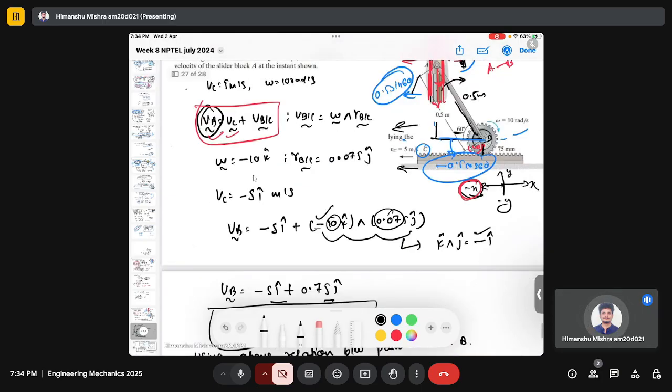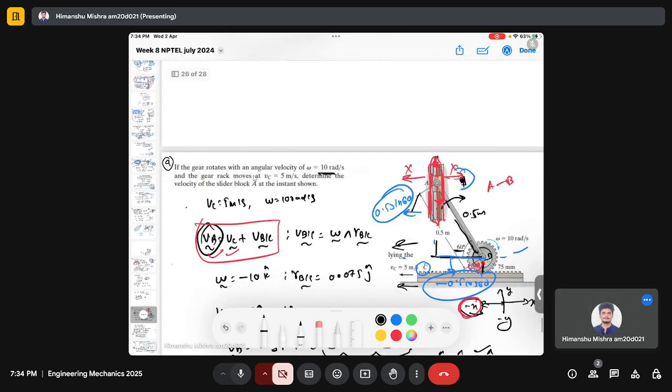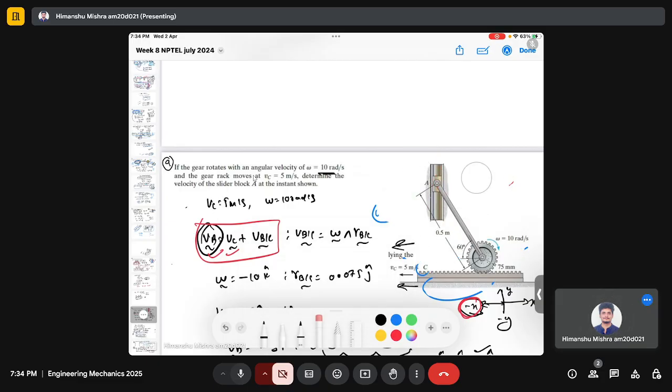So just to recap here, we were given a problem where a gear rotates with an angular velocity of 10 rad per second and a gear rack moves at 5 meter per second, and we need to calculate the velocity of a slider.